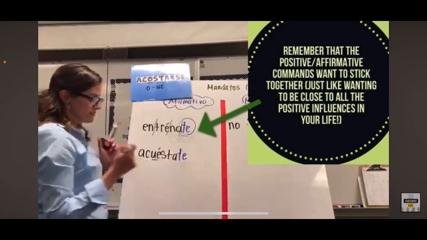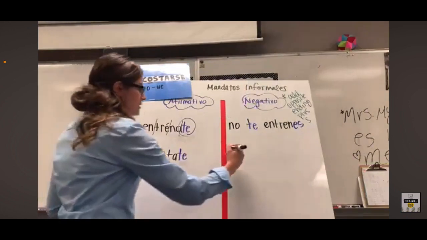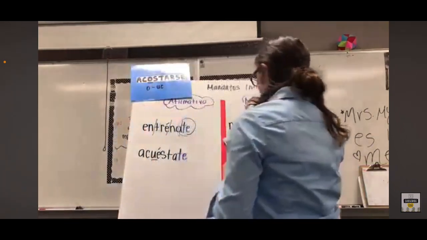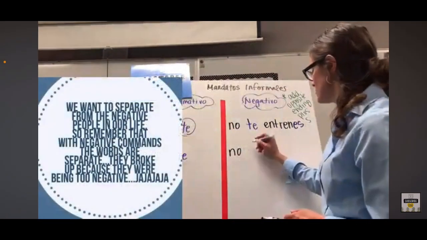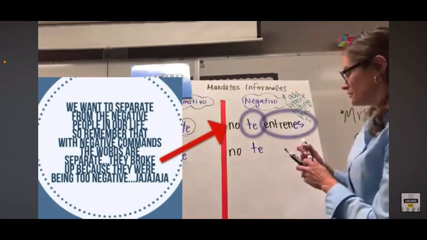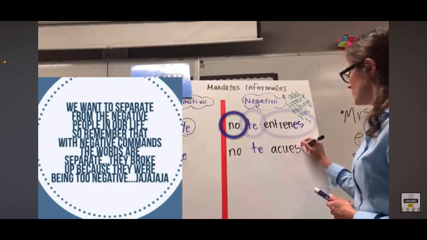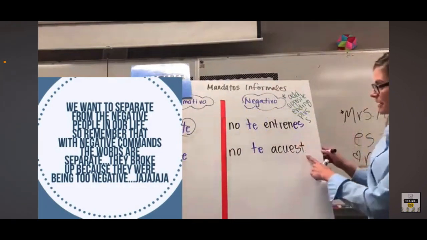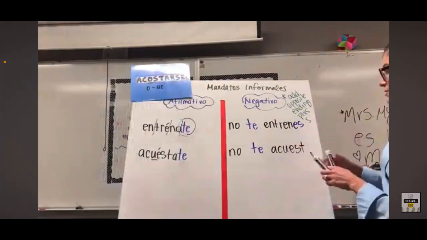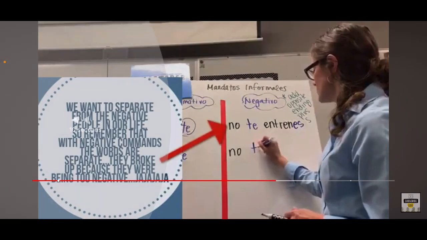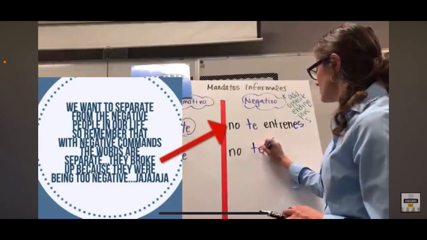For the negative, it's going to be no te acues. And again, it's an AR verb, so the ending is going to be the opposite letter, which is E. Hold on, let me read this real quick. We want to separate from the negative people in our life.